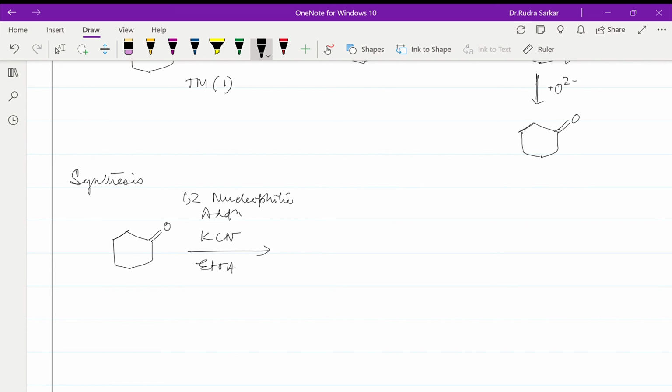Alright. And then we get out here the cyanohydrin, which can be further reduced using Adams catalyst, which is hydrogen in presence of platinum oxide, and we get the corresponding hydroxyamine.